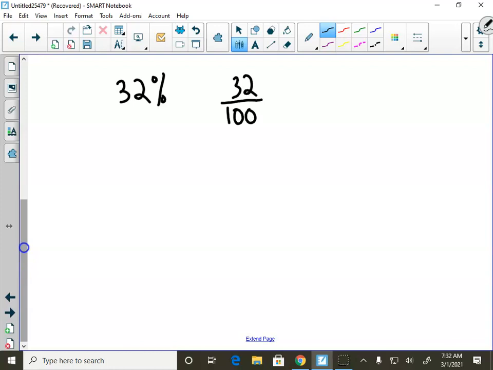So really, what we're going to do is we're going to take the 32 from the 32% and just divide it by 100. Now, hopefully you know when you divide a number by 100, in this case, if we had 32 and want to divide it by 100, we're basically going to move our decimal 2 places.